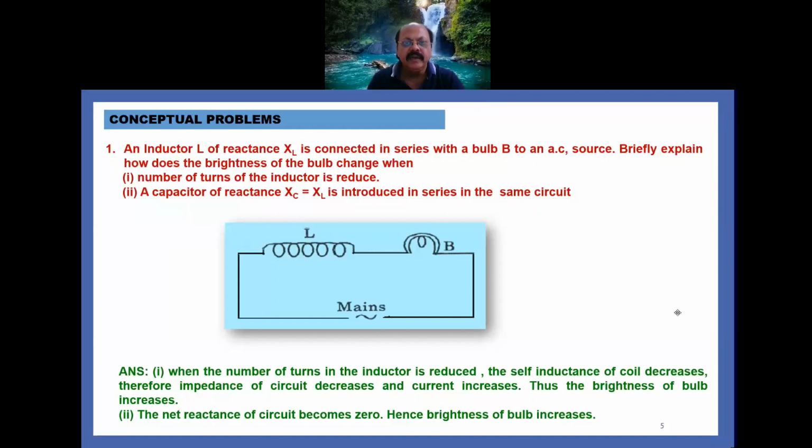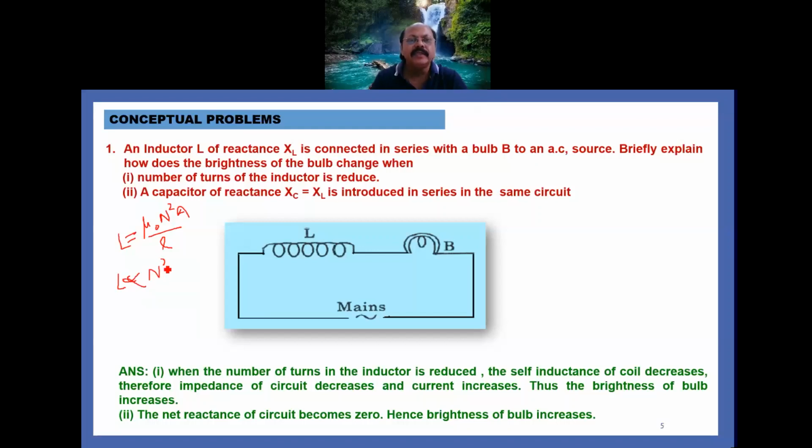I just explained this, and how the self-inductance of the coil decreases. As you already studied the formula, L equals mu naught n square A upon l. So L is directly proportional to n square.